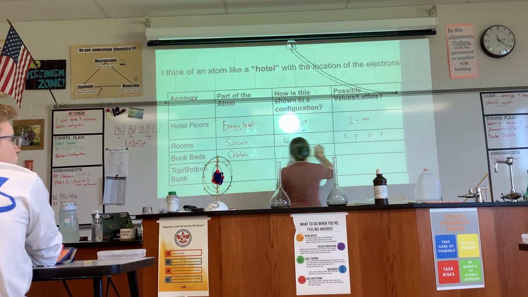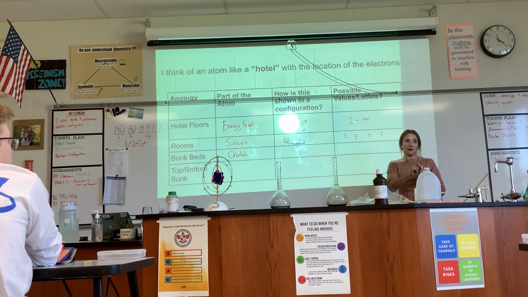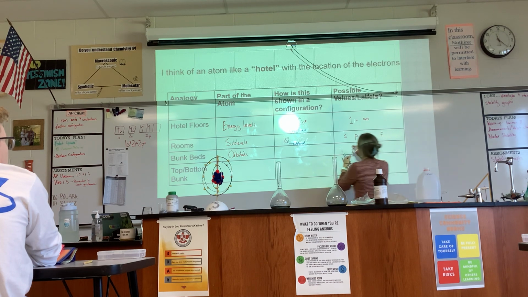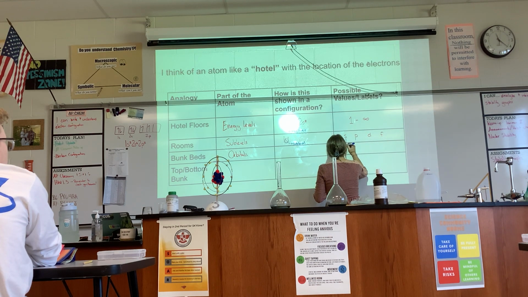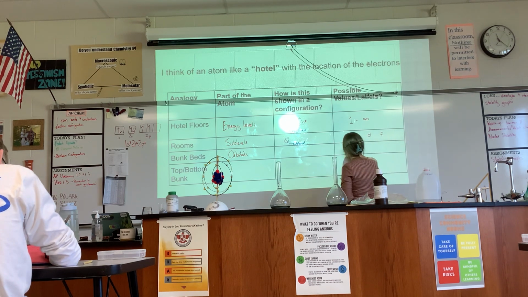So an s room only ever has 1 bunk bed. It doesn't matter if it's on the 1st floor or the 7th floor. If it's an s sublevel, it only ever has 1 orbital, which is represented by a single box.